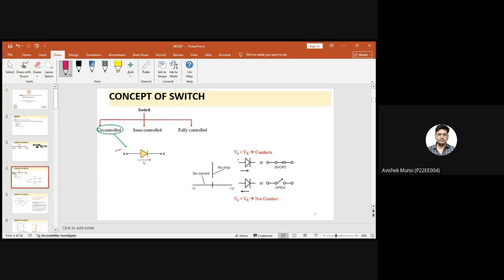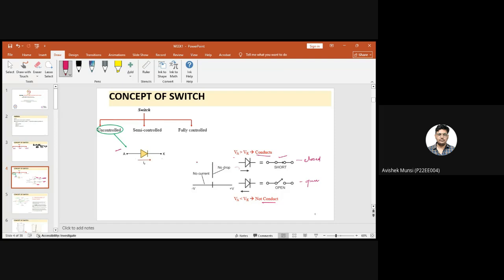An example of an uncontrolled switch is the diode. In a diode, this is the anode and this is the cathode. Whenever the anode voltage is greater than the cathode voltage, it starts conducting, and whenever it is less than the cathode voltage, it doesn't conduct. When the diode conducts, it acts as a short circuit, a closed switch, and when it doesn't conduct, it acts as an open switch.